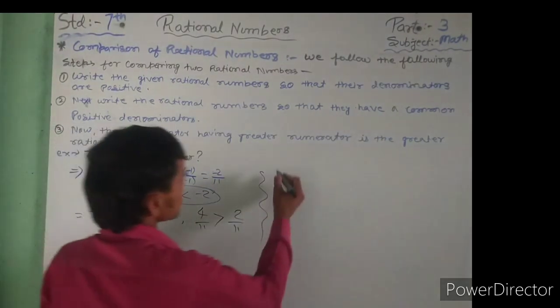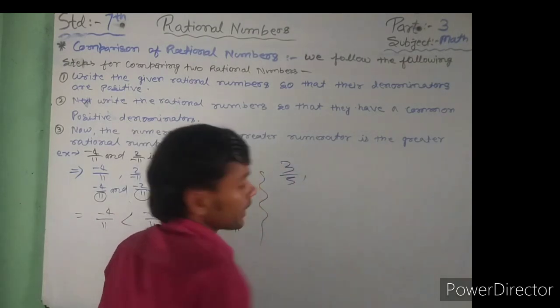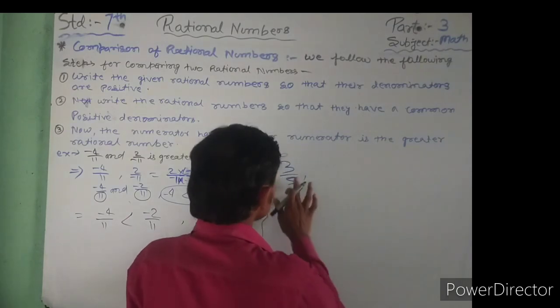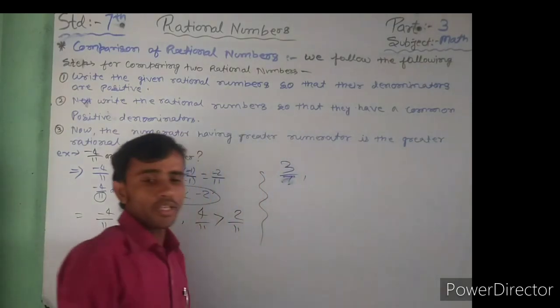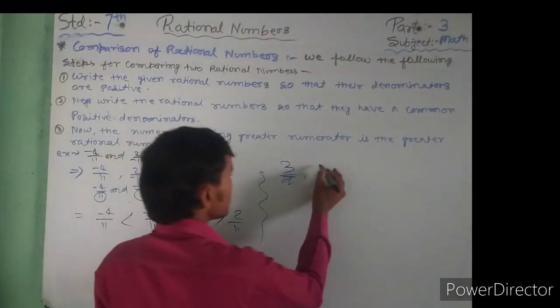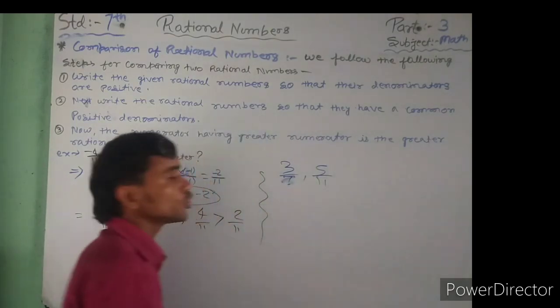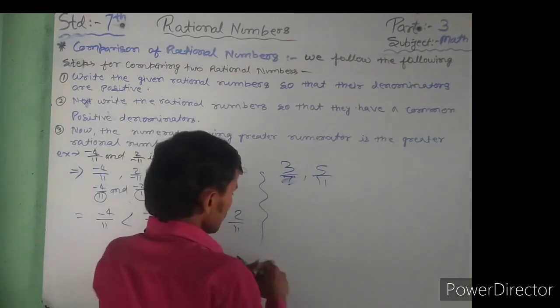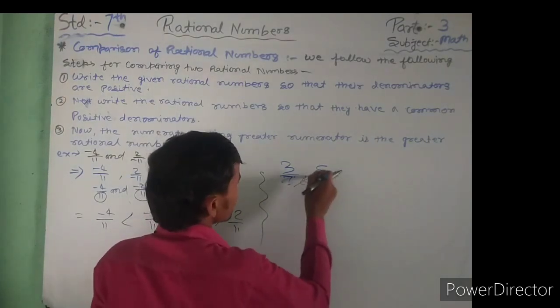The next question, just like 3 by 7 and 5 by 11. How to compare? There's a simple way: cross multiplication.